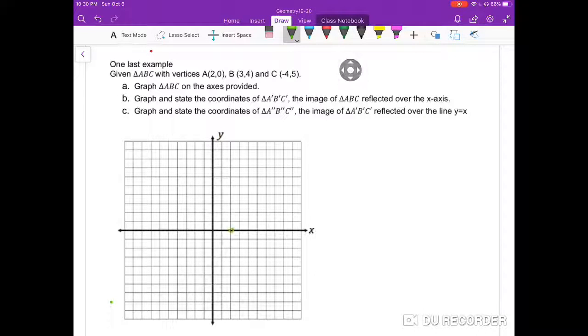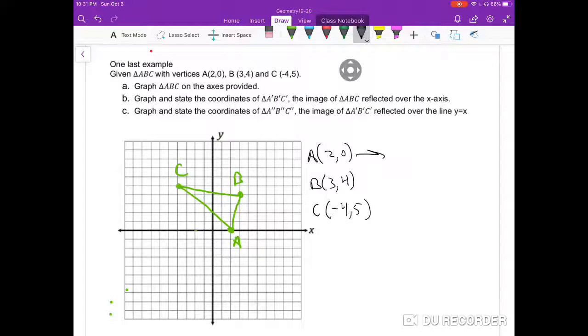So I'm going to graph point A, point B, point C. All right, so this is my first triangle. And one thing that I like to do with all of these questions is I like to list my coordinates out because it's going to help me when I go to do the transformations if I don't want to count them all out. I'll show you what I'm talking about.